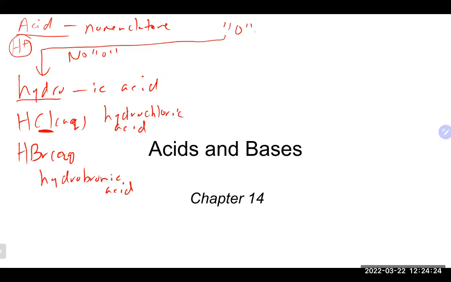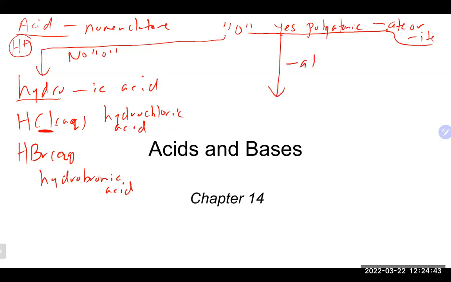If the acid does have oxygen, it will usually contain a polyatomic ion, which, as you might be familiar with, usually ends in either ate or ite. So if the answer is yes, and your polyatomic ion ends in ate, it is something-ic acid, like HNO3. NO3 is NO3 minus, which is nitrate.